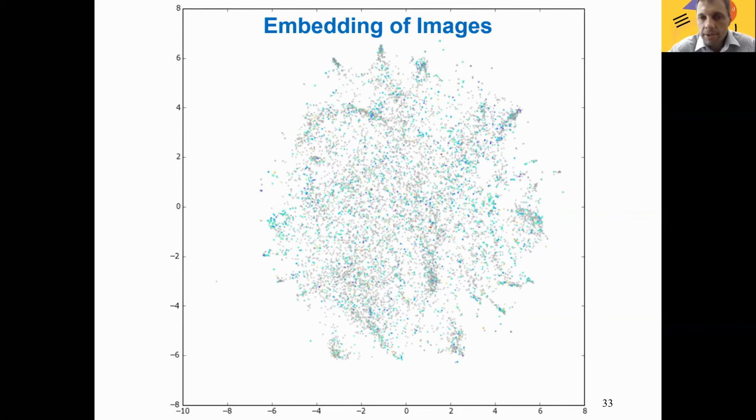They have some interesting properties. That is, if two images are similar, then the corresponding vectors from the last layer of this neural network will also be close, geometrically close.